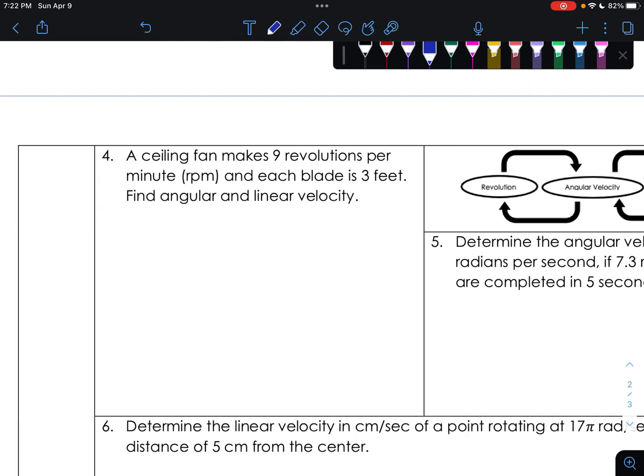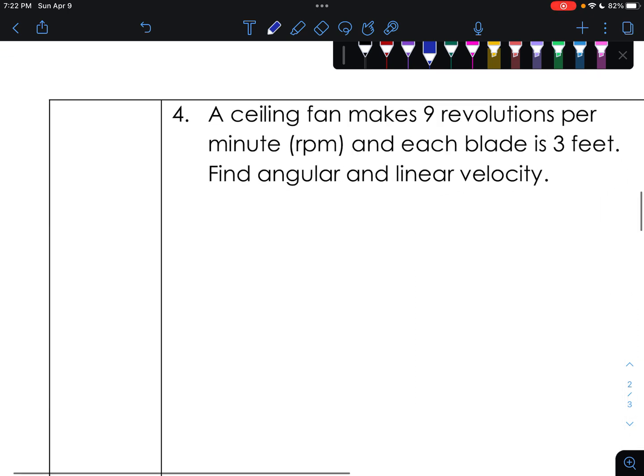So in example number 4, a ceiling fan makes 9 revolutions per minute, RPM, and each blade is 3 feet. Find the angular and linear velocity. So first off, on the side of your notes, you need to make note that anytime you see RPM, that is for revolutions per minute.